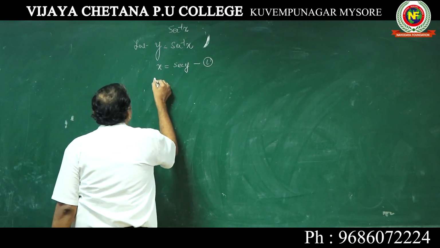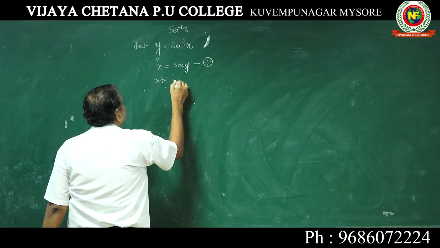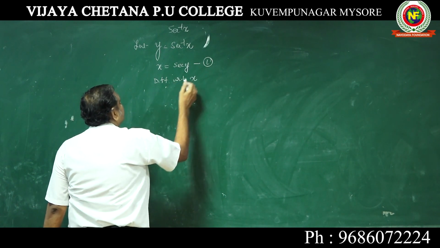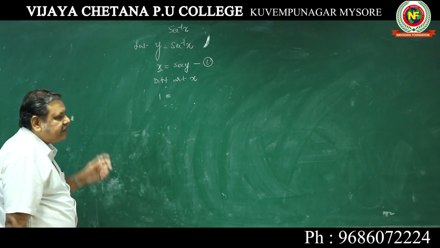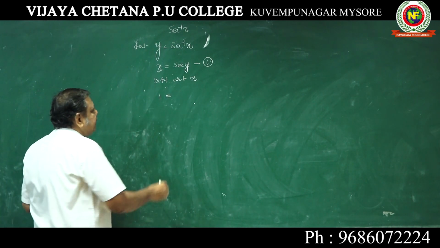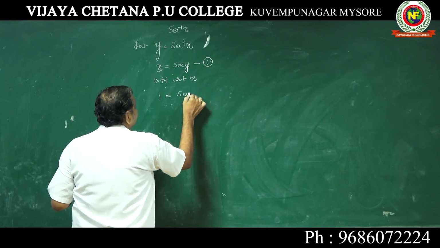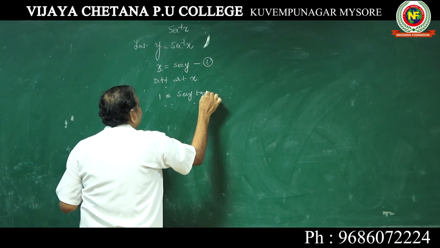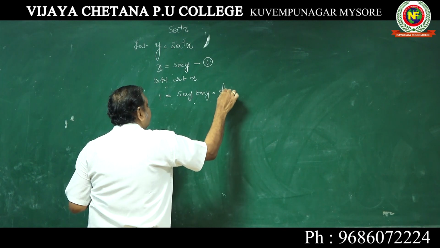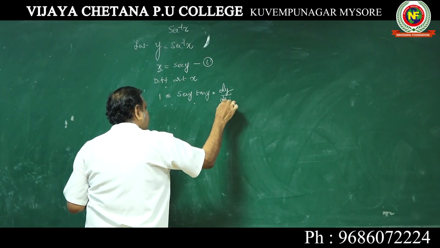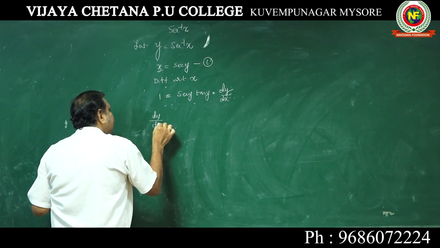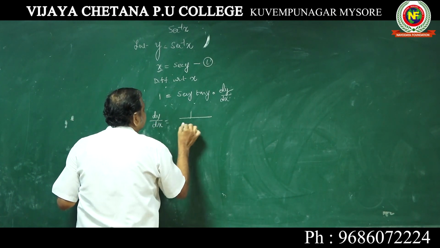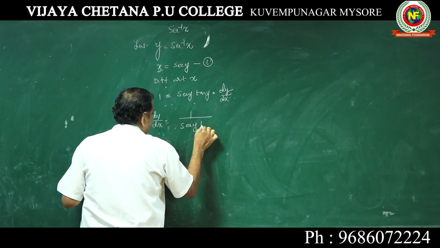Now differentiate with respect to x. Left side is 1. Can you tell me what is the differentiation of secant y? It is secant y tan y into dy by dx, since y is the variable. So dy by dx is equal to 1 by secant y tan y.